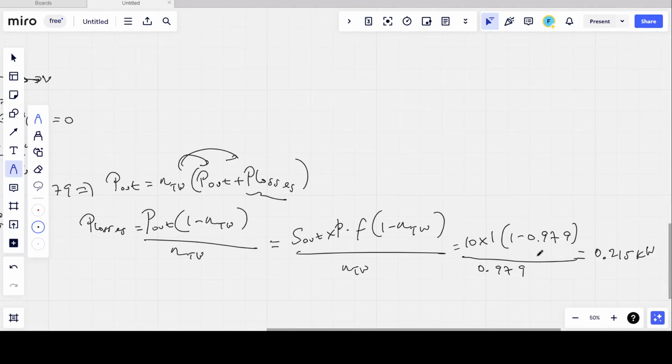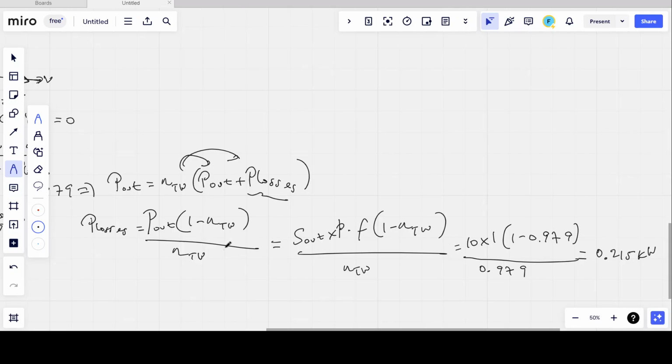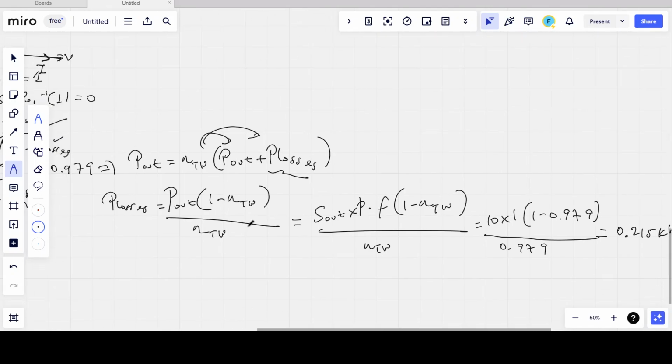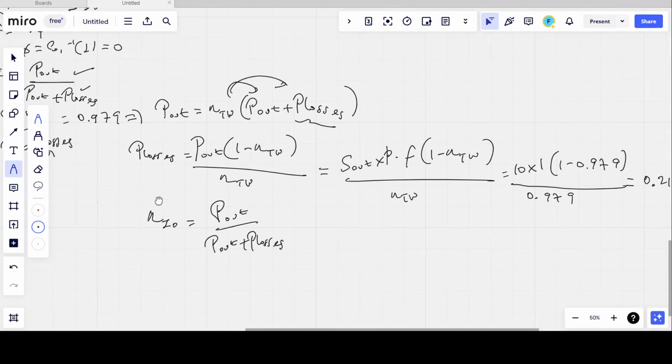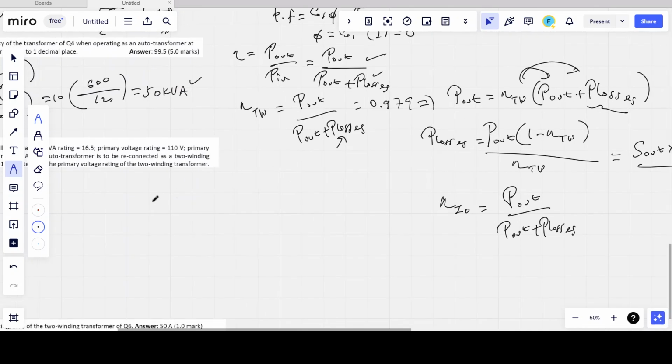Now that I have my power loss, I can come up with a formula to find the new efficiency. The formula to get the efficiency as an autotransformer is the same: power output divided by power output plus power losses. The power output of an autotransformer is no longer 10, it is now 50, because of the calculation we have done.